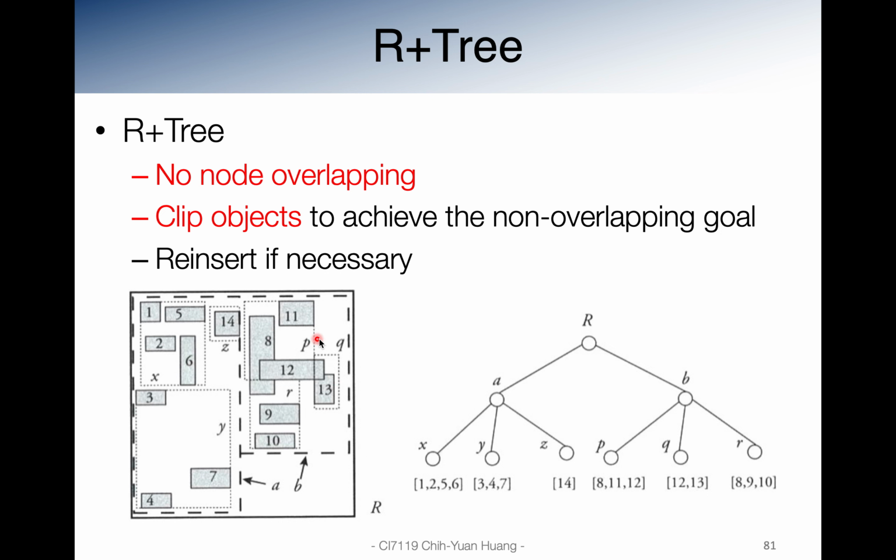This window will cover P, Q, and R. From P, it will have a candidate result, which is rectangle 12, and from Q, it will have the candidate results of 12 and 13. So as you can see, duplicates occur in the intermediate result.